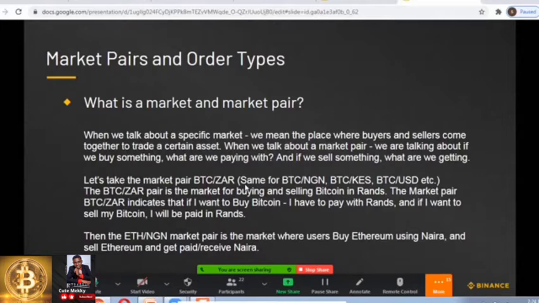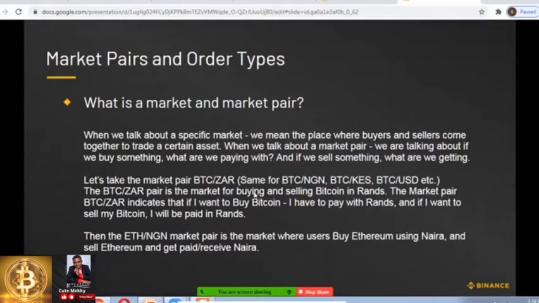So if you have BTC ZAR as a pair, then it means that the market for buying and selling Bitcoin in rands, that means you can use rand to buy Bitcoin and you can sell your Bitcoin to rand. That's what it means. So the market pair BTC ZAR indicates that if you want to buy Bitcoin, you have to pay with rand. Just the same thing that occurs in our local market that we do every day.